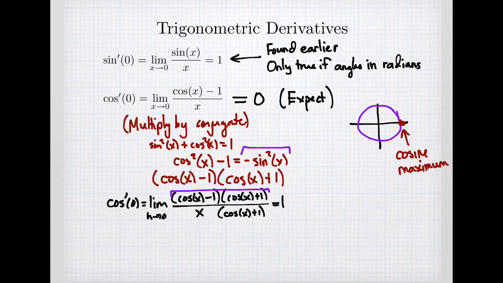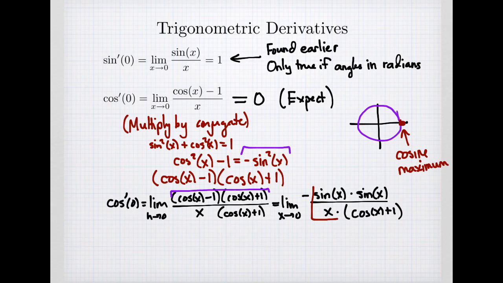So this is the limit as x goes to 0 of minus sine of x squared, so that's times sine of x, over x times the cosine of x plus 1.